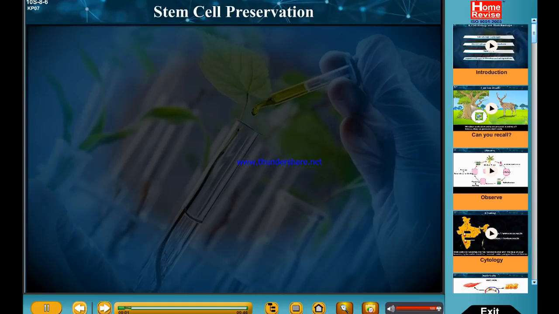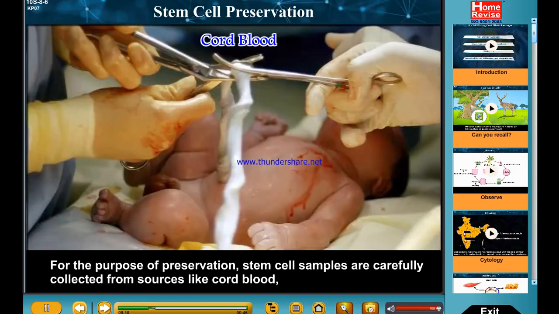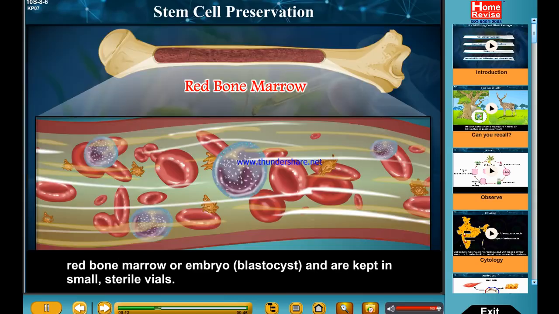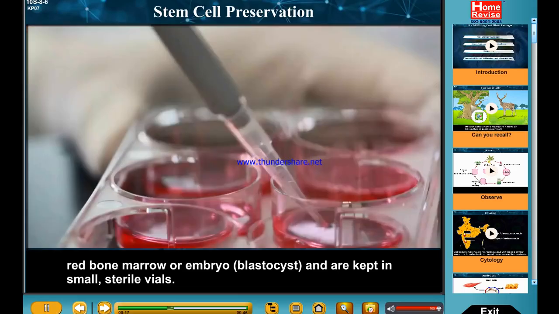Stem cell preservation. For the purpose of preservation, stem cell samples are carefully collected from sources like cord blood, red bone marrow, or embryo, that is blastocyst, and are kept in small, sterile vials.